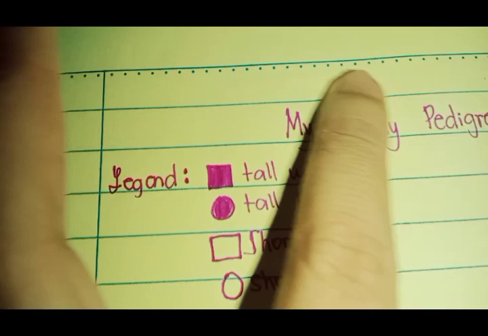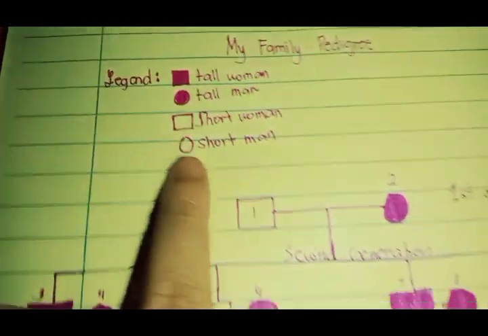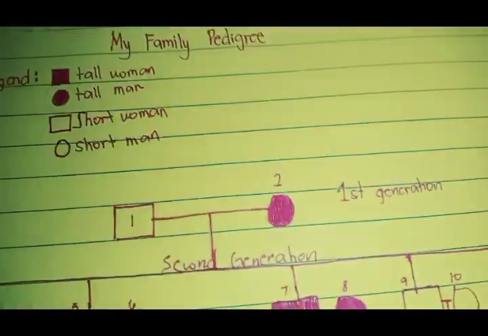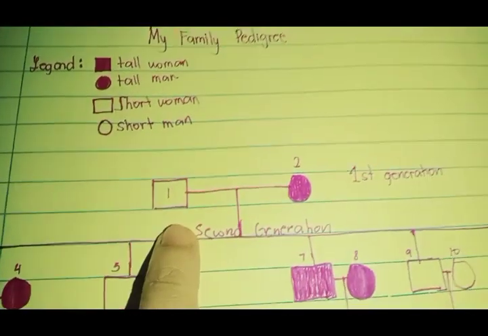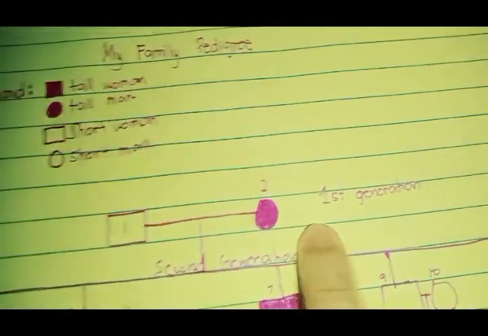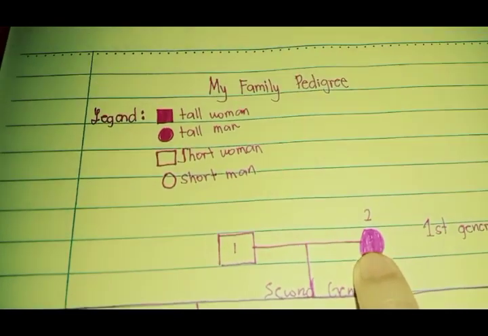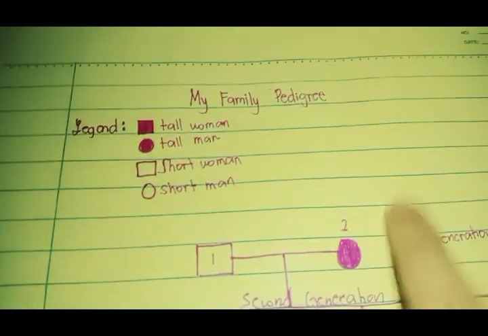So if we've already seen the legend, we can see here the chart of the family pedigree. So let's start in here. This will be my Lola again, and this will be my Nanay. My Lola is quite tall, my Nanay is short. As we see in the legend, the shaded circle is for tall men, which is quite correct.